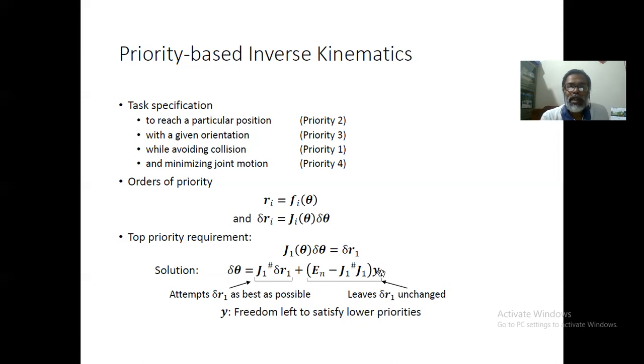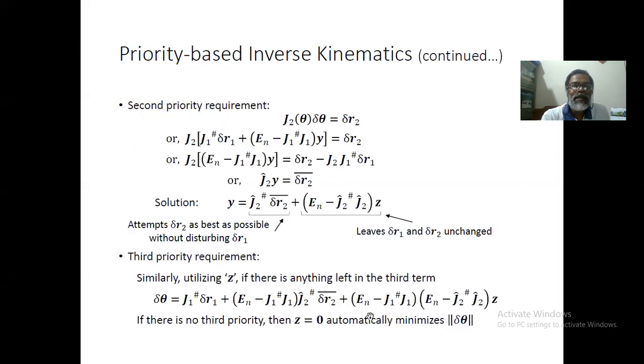So now we try to put some suitable Y which we can use in satisfying the lower priority tasks. So now we put J2 into delta theta equal to delta R2, the second priority velocity relationships, and here in place of delta theta, we put that big expression.